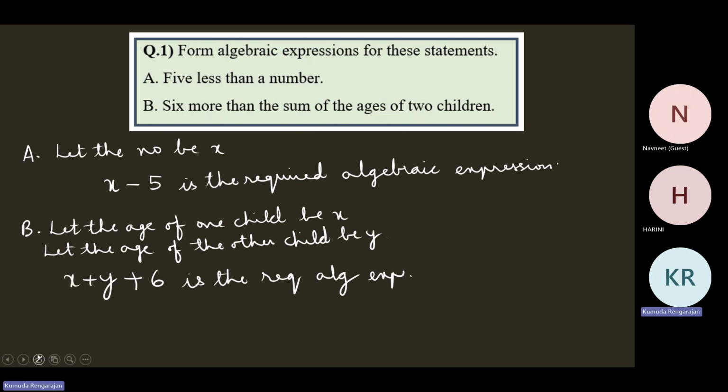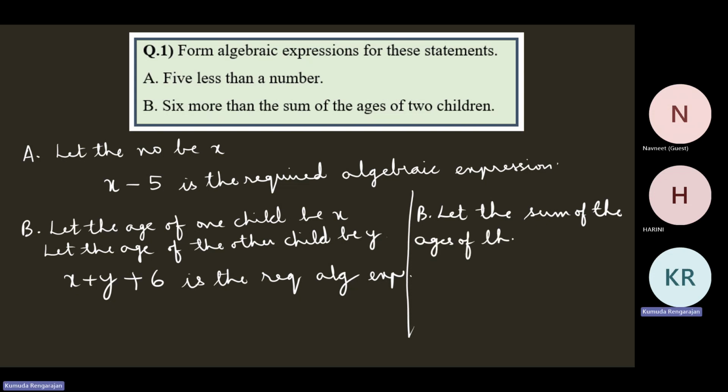The alternate method is you can say let the sum of the ages of the 2 children be x. Or you use some other letter.